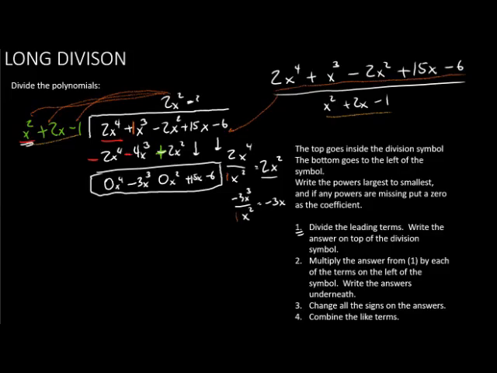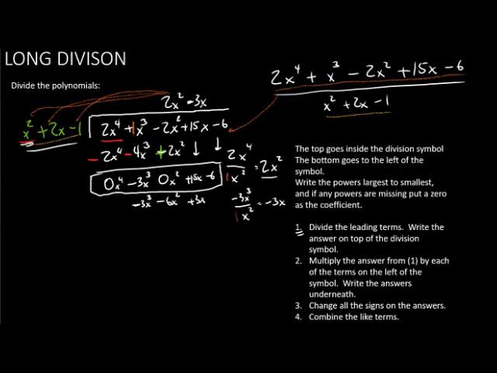Once again, we write this number above the bar and multiply that negative 3x again by each of the terms to the left of the division symbol. So negative 3x times x squared will give us negative 3x to the third. Negative 3x times positive 2x will give us negative 6x squared. And negative 3x times negative 1 will give us positive 3x.